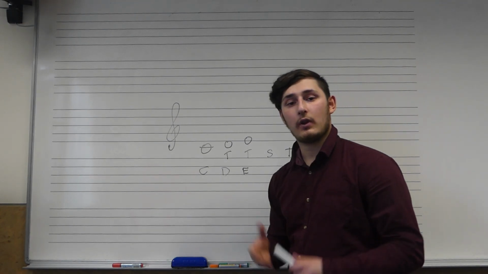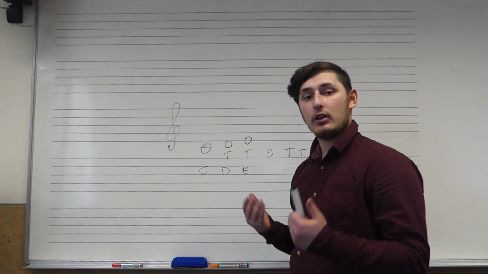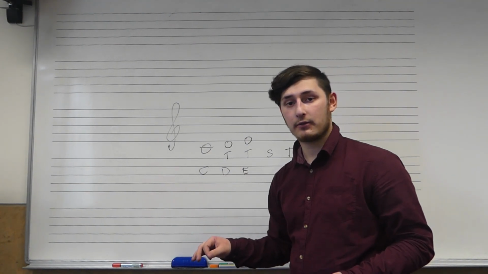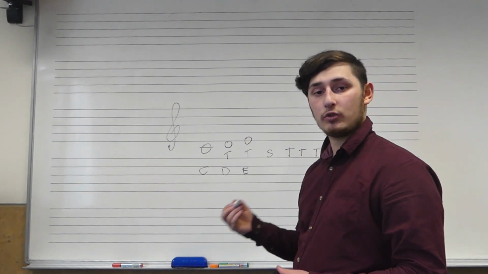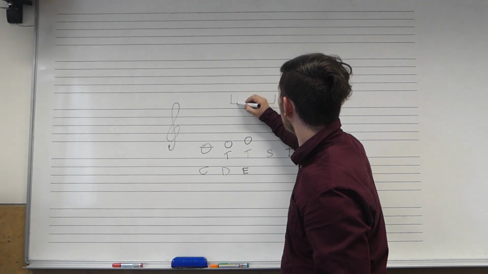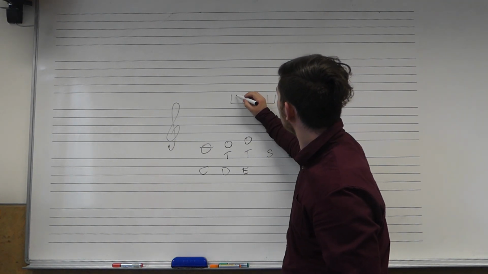Now, if you are unsure on how I'm getting this, you can have a look at a piano and work it out yourself, or you can draw a mini piano, making sure that you have it relatively accurate.